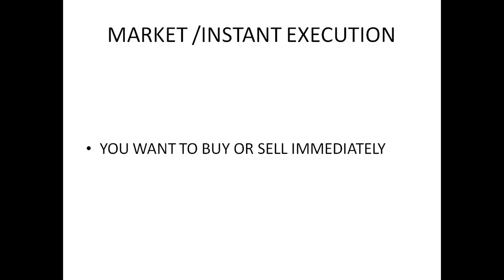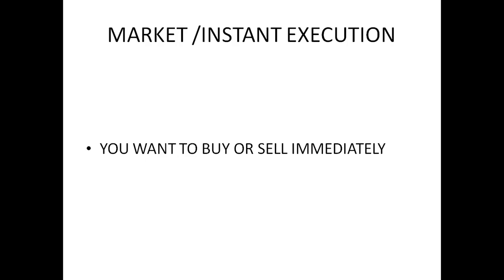So when it comes to selling or buying, we have 3 types of selling and buying in the Forex market. The first one we will talk about is market execution or instant execution. What market execution or instant execution simply means is when you want to buy or sell immediately.